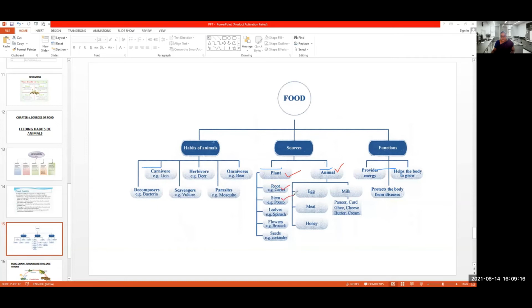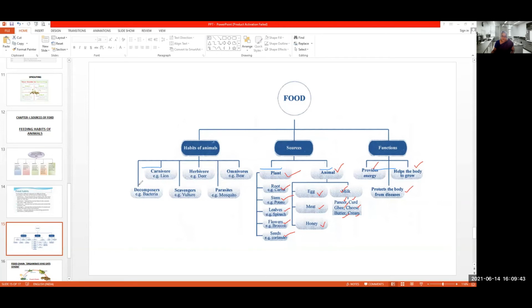The edible part of the stem is, for example, potato, leaves spinach, flowers broccoli, seed coriander. If it is an animal, we have egg, milk, meat, honey. Under milk, we have more products: paneer, curd, ghee, cheese, butter, cream, etc. Coming to the function, it provides energy, it helps the body to grow, and it protects the body from diseases. These are all the things which you have seen in the previous video itself.